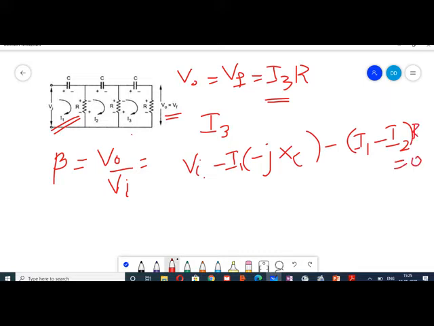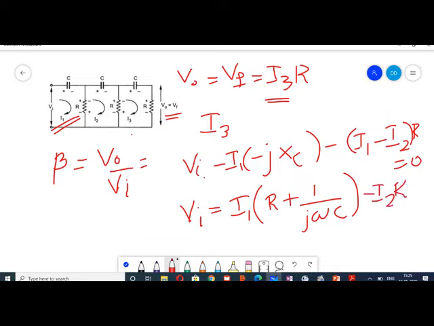If you simplify this, you get Vi equal to I1 into (R plus 1 by j omega C) minus I2 into R. This is the first equation, obtained from the first loop.